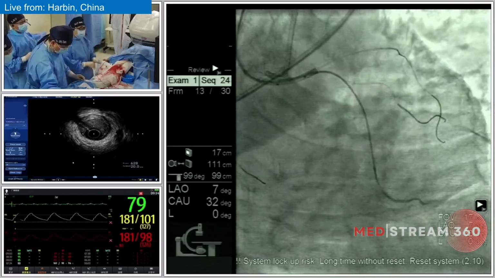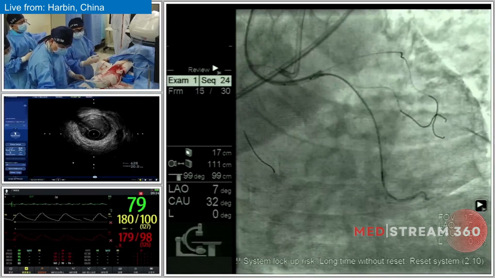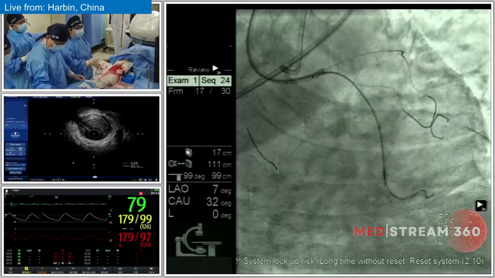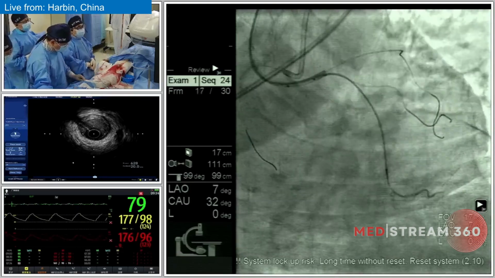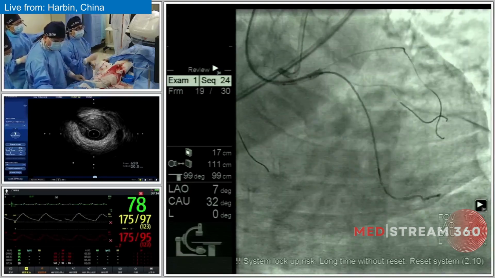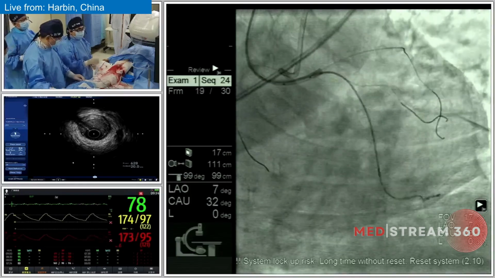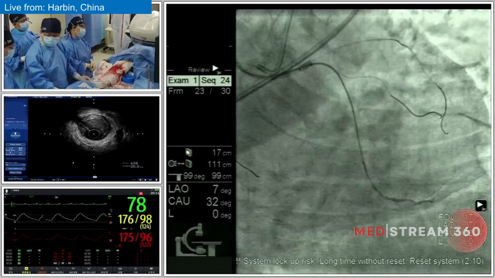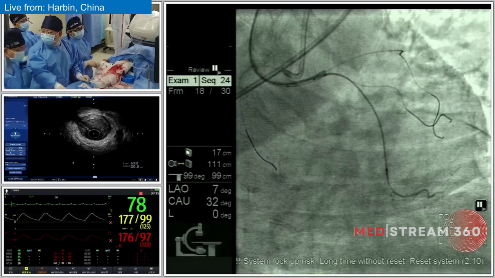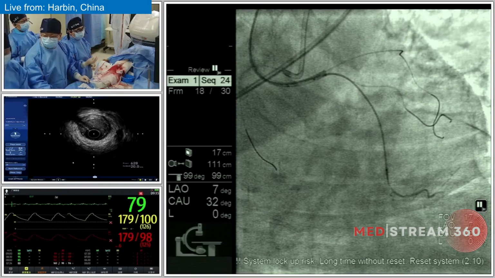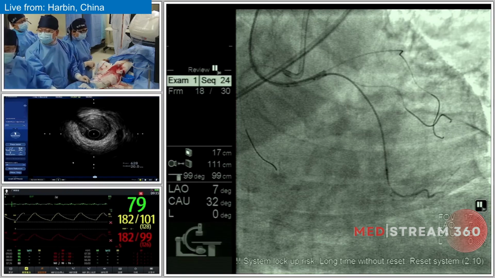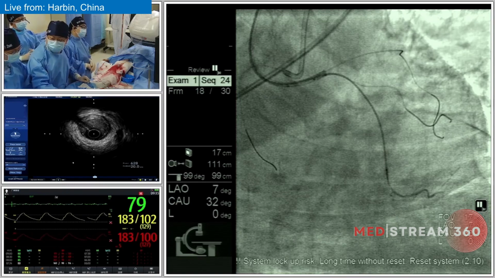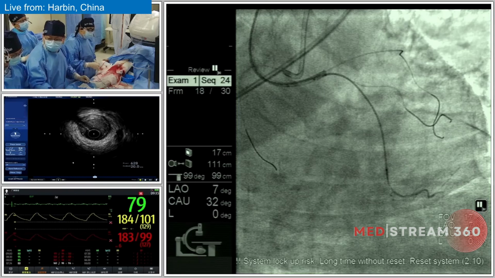But fortunately, for this patient, the Y advanced across the occlusion segment successfully to the distal true lumen. After predilatation, next we will perform IVUS imaging and go to the next PCI step, for example, the DB or DES.